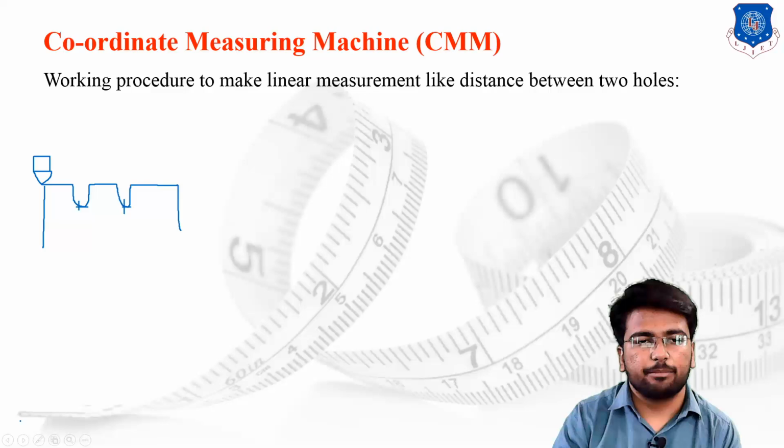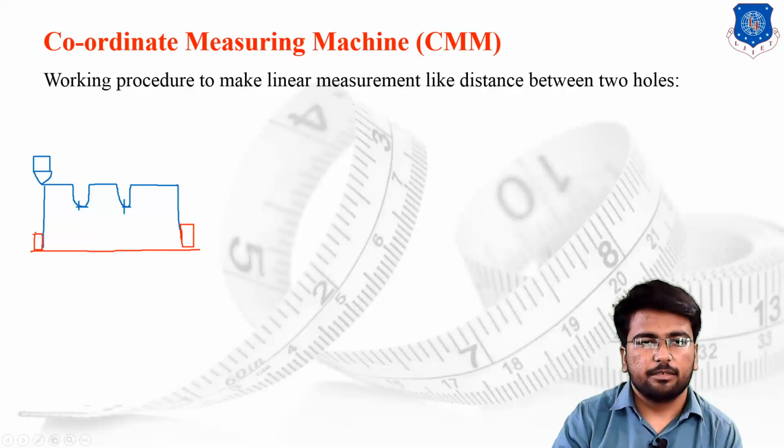First of all, I will clamp the workpiece. Suppose this is the reference base. Then I will clamp the workpiece over here. Then command the probe from the 0, 0, 0 position. Lift the probe, move it to the first point, then read the data.